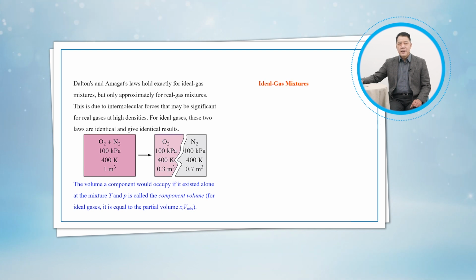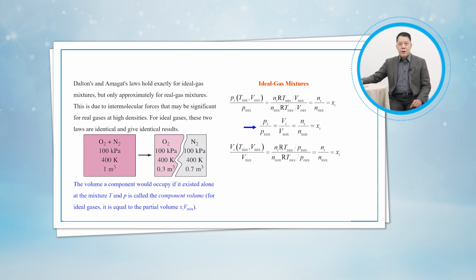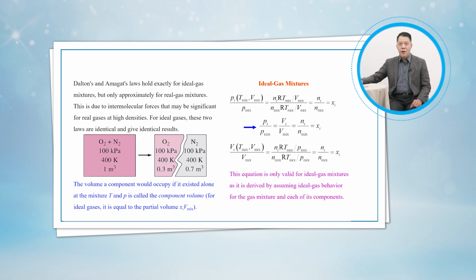Now, let's talk about the ideal gas mixtures. For ideal gases, Pi and Vi can be related to yi by using the ideal gas relation for both the components and the gas mixture. This equation is only valid for ideal gas mixtures as it is derived by assuming ideal gas behavior for the gas mixture and each of its components.